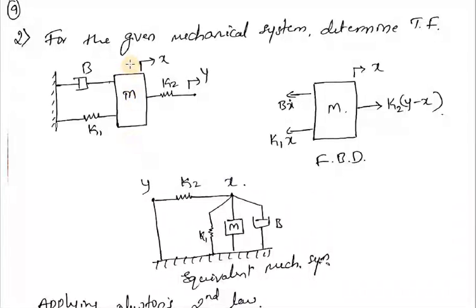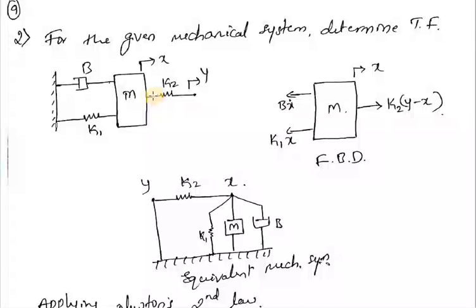And x is assumed in the positive x direction, towards the right side. Now, as I told earlier, if this mass m tries to move in this direction, obviously this damper and spring will try to resist that motion because they are fixed here. So the direction of those two forces will be in the opposite direction. So it will be b times x dot and k1 times x.